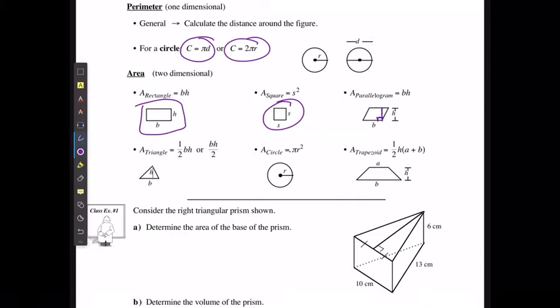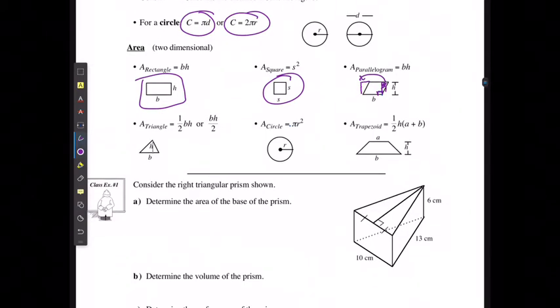So it's going to look like I cut off this section and moved it over here, and it just looks like a rectangle. A triangle is 1/2 of the base times the height. A circle is pi r squared, and a trapezoid is 1/2 times the height times the length on the top plus the length on the bottom.